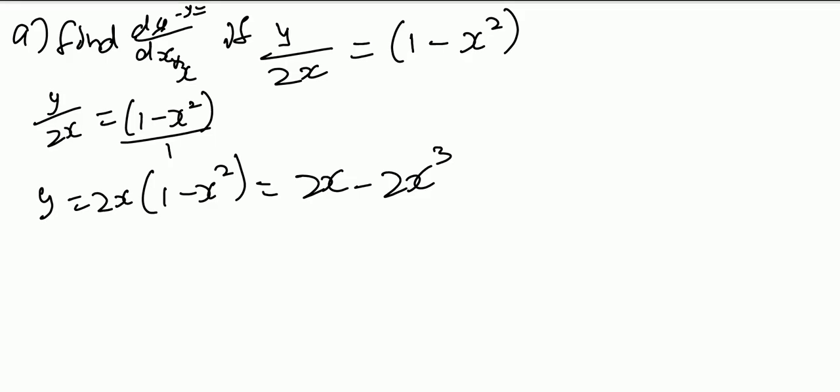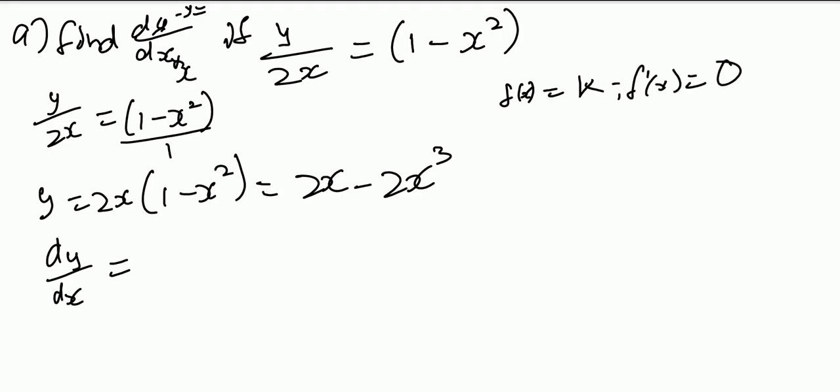Now, when we are differentiating, we are going to say dy over dx is equal to what? Remember, using the power rule, you can write 3 types of differentiating. If you have f of x being a constant, that means your f prime x will be 0.